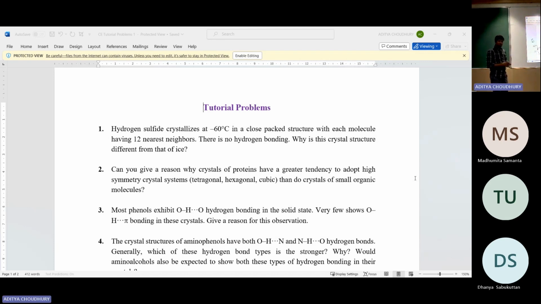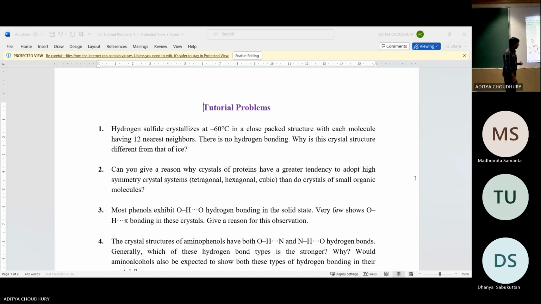Number one, OHO, is most dominant. Why not the other? Because OHO bond strength is more as compared to the OH pi interaction. Any reason? Because of the polarity difference.